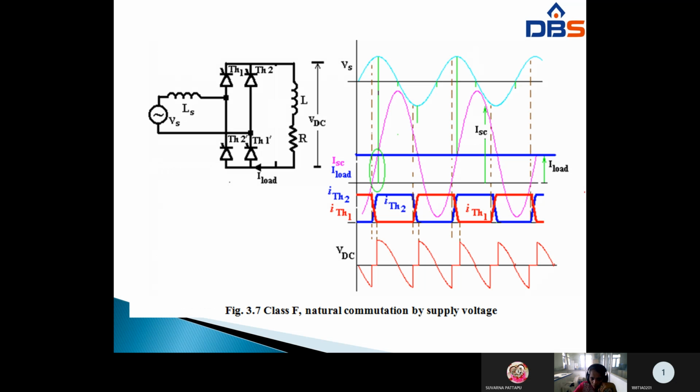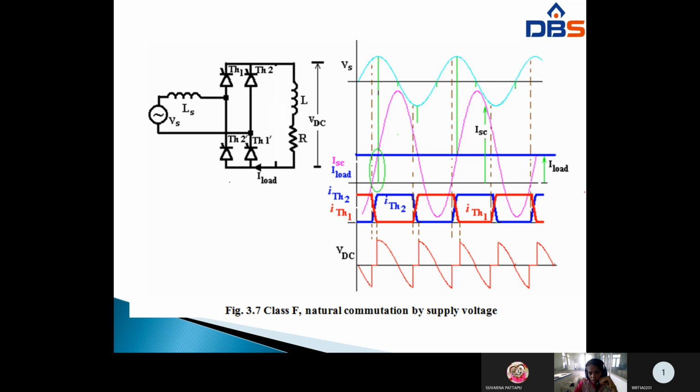After that the current comes to 0, then thyristor 2 will be triggered. So this will be like this. In this, the load current will be constant. So VDC, the load voltage, will be like this.